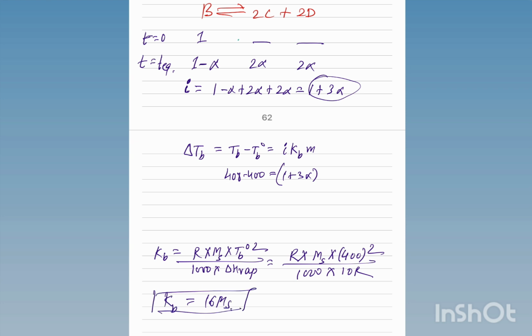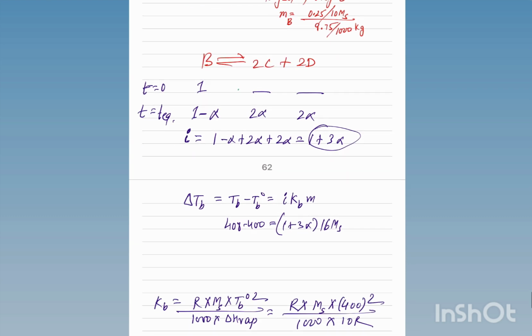So now we can put Kb as 16 Ms, and the molality is 0.25 divided by 10 Ms divided by 0.09975, since the mass of solvent is 100 minus 0.25, which is 99.75, divided by 1000.